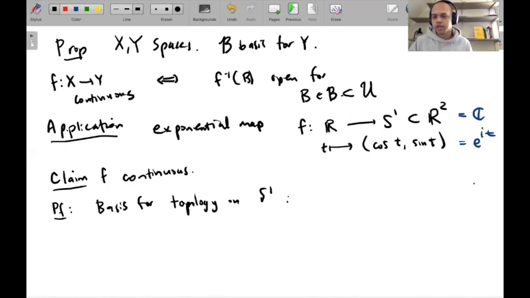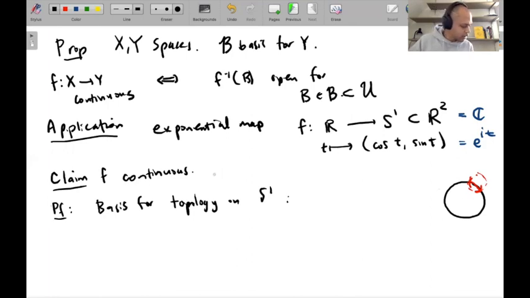Remember, we're giving S1 the subspace topology of R2, so you get open sets by taking an open set in R2 and intersecting it with the circle. In this way you get little intervals on the circle, and these form a basis for the topology, essentially because the open balls in R2 form a basis for that topology, and that's what you get when you intersect with the circle.